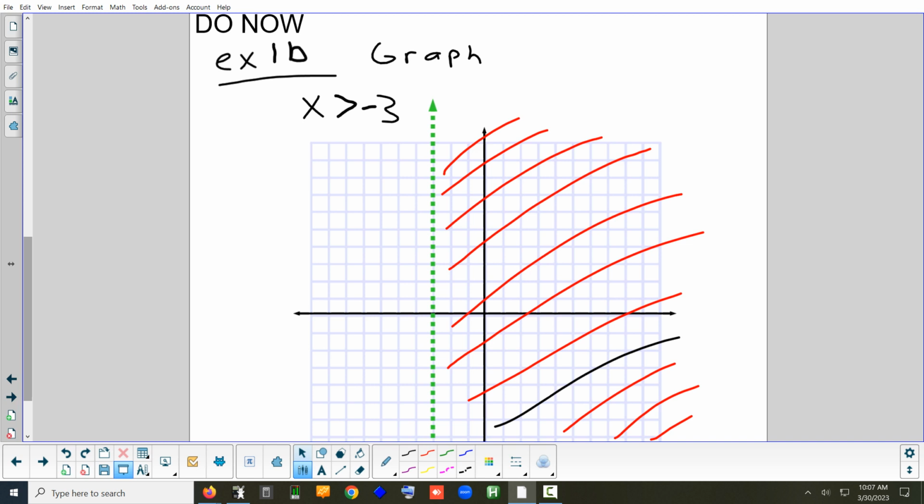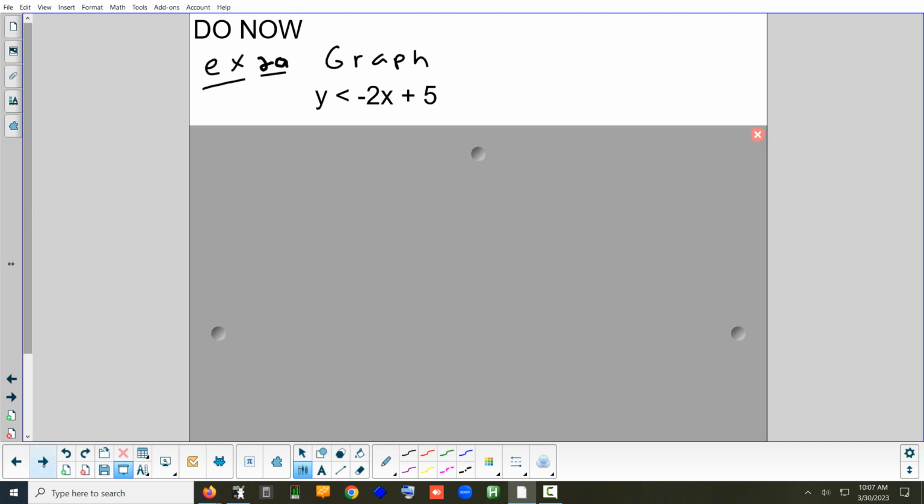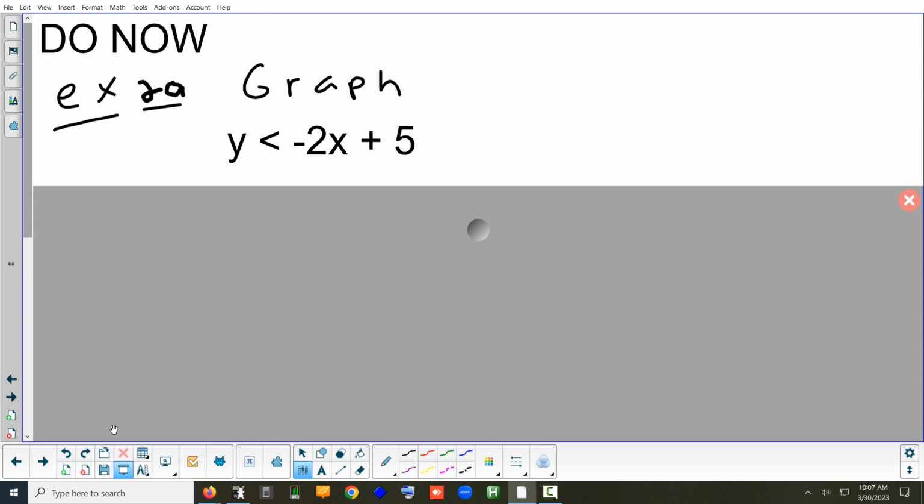All right. So we've done a lot with special cases. Let's try a regular case. Now, before we graph anything, if it's a regular case, what letter do we want to make sure is by itself? If this doesn't happen, we're not going to be able to get the slope and the y-intercept.